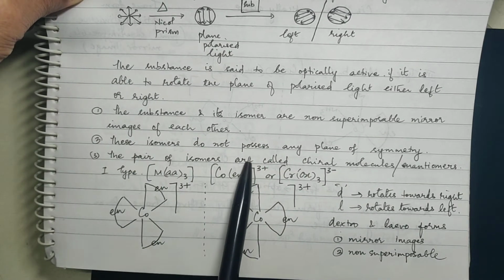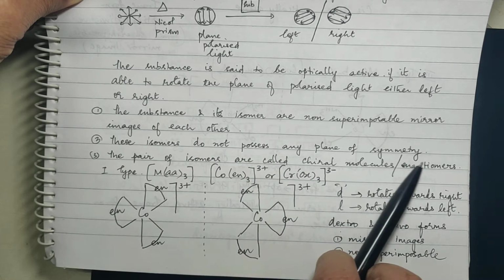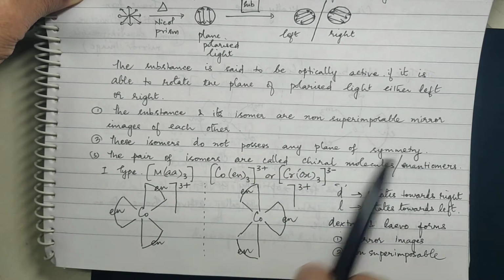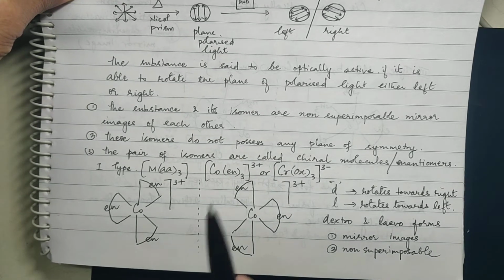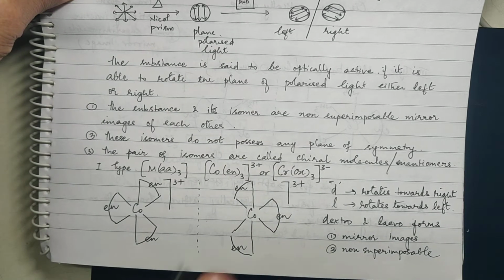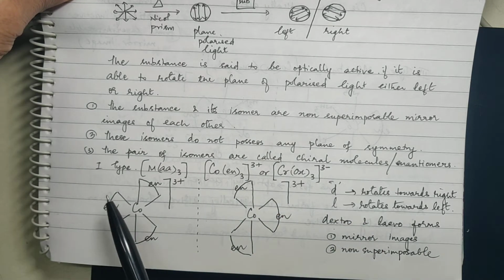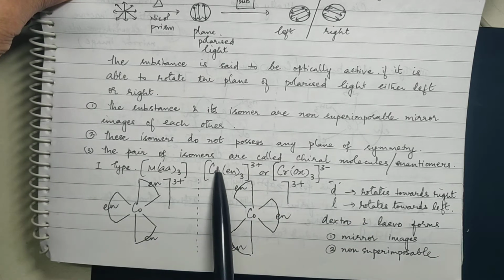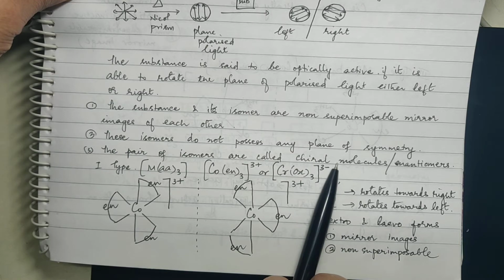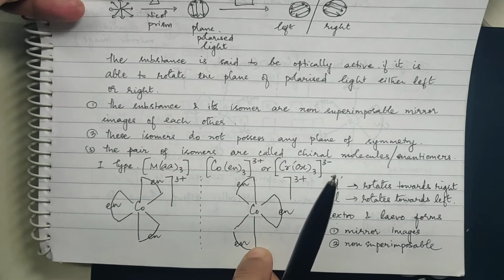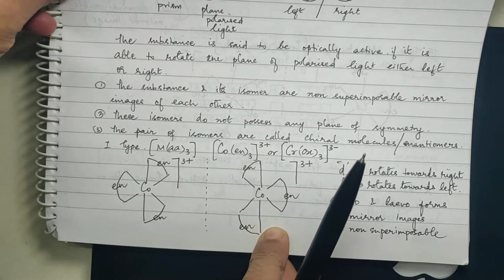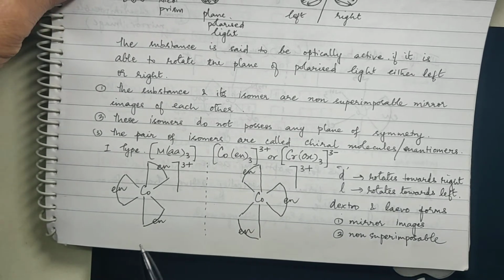And these isomers do not possess any plane of symmetry, center of symmetry, or axis of symmetry, nothing will be there. And the pair of isomers are called enantiomers or chiral molecules. I told you this is basically found in octahedral complexes.